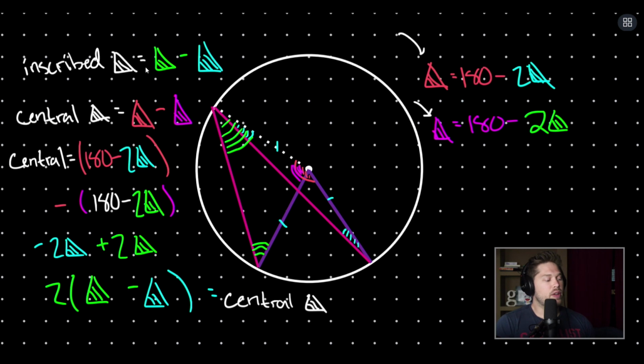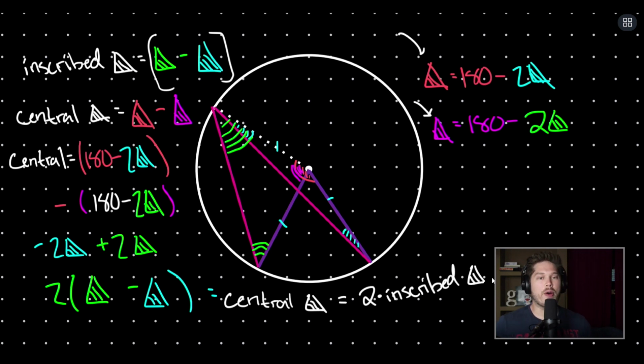Now what we need to notice is that my inscribed angle up top is my green minus my blue angle. So my central angle is just twice my inscribed angle. So my central angle equals 2 times my inscribed angle.